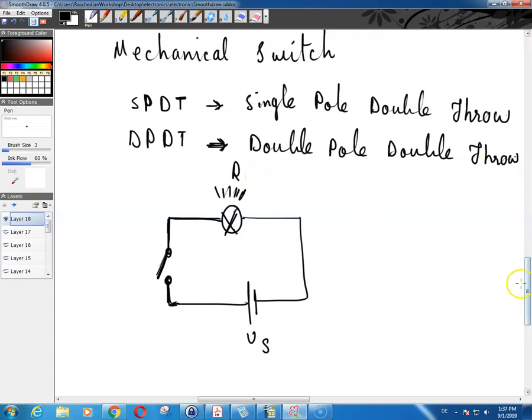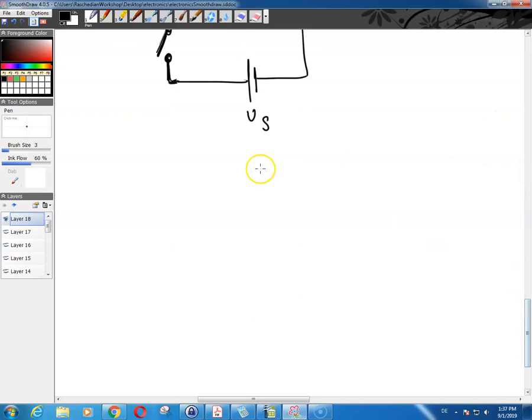Now if you have a switch like this, and I showed you the switches on the internet, suppose that this is one pole of the switch, and this is the lever that I showed you.